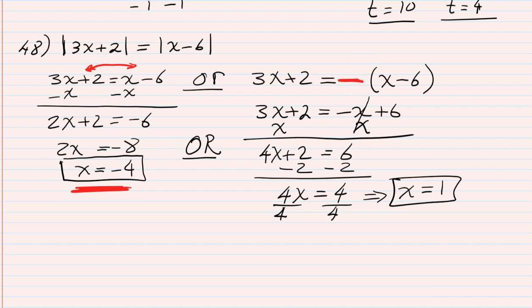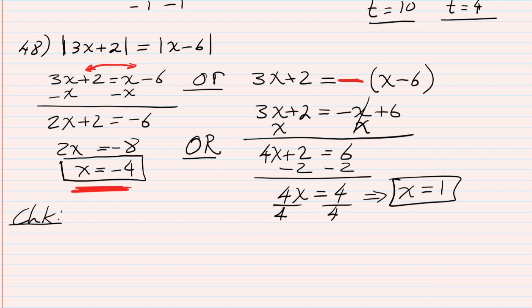When I check negative 4, I would expect to get an expression on the left and then an expression on the right that are either both positive or both negative. That's inside the absolute value, okay? I'm not saying it's going to be a positive equal negative.